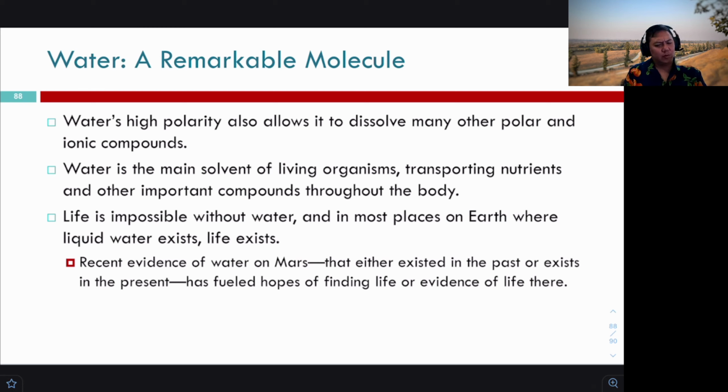I think it's Jupiter's moon. Because the moon is basically an ice ball with a water core, or at least has a lot of liquid water under the surface. And that water stays liquid because of basically tidal forces, or gravitational forces, from Jupiter itself. So life might exist on Europa.